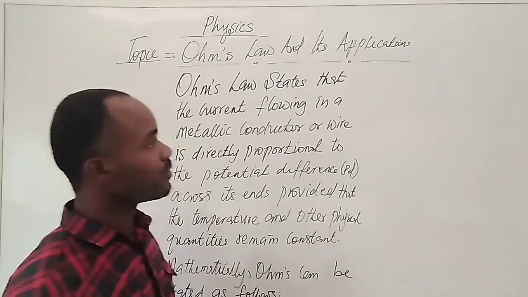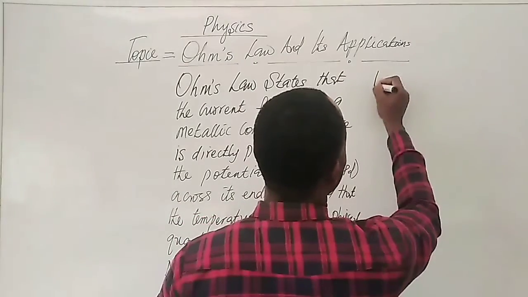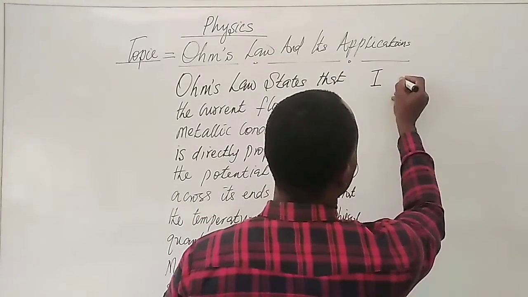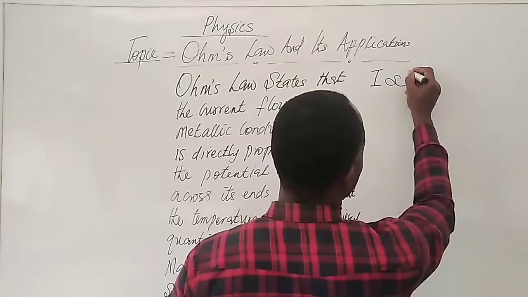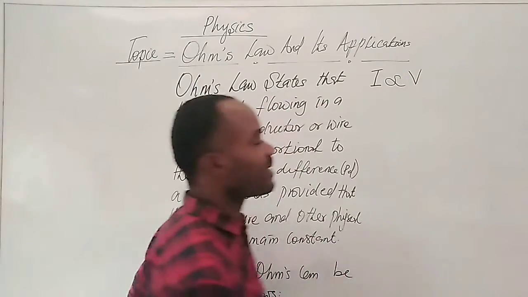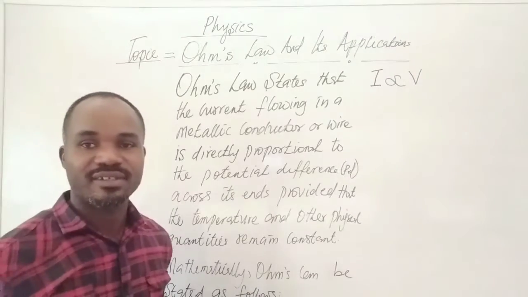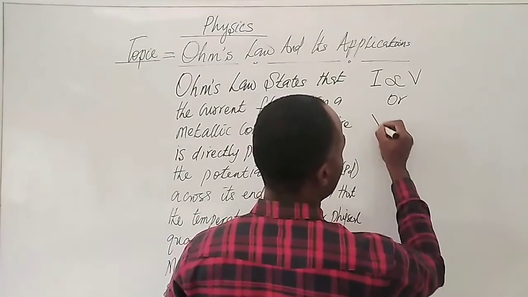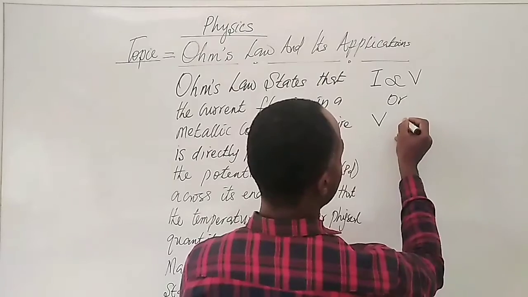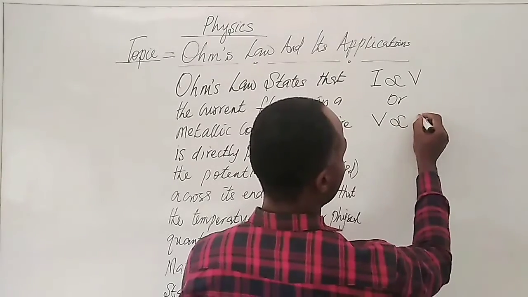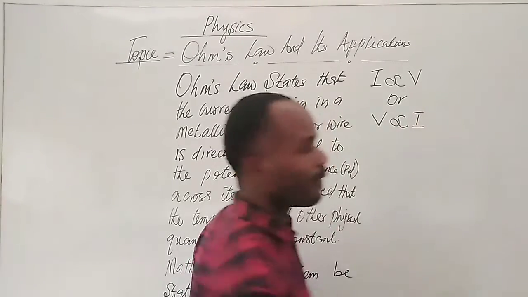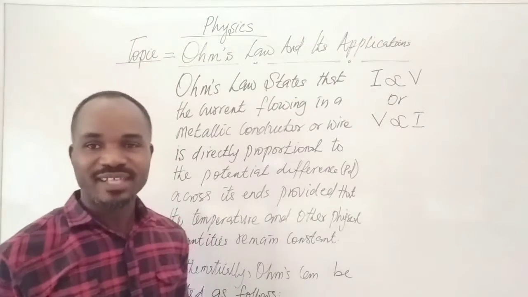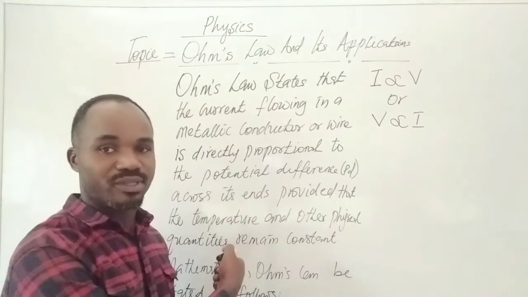Let's look at the mathematical representation. That is, current is directly proportional to what? Potential difference across its ends. Or we can restate this as: voltage, the potential difference across its ends, is also directly proportional to the current flowing. So that's the statement of Mr. Simeon Ohm, Ohm's law.